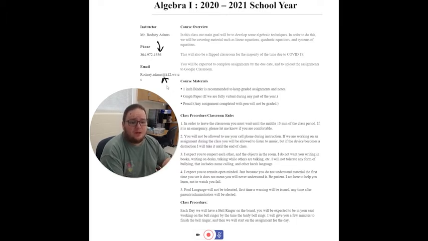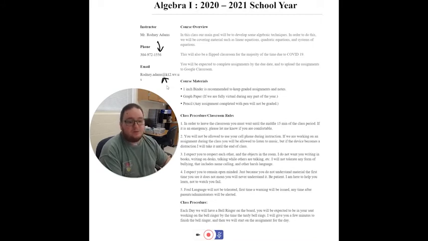But to begin, I'm going to give you a rough idea of what we're going to be covering in the class and how we're going to be covering it. So first off, the main goal will be to develop some sort of algebraic technique. Since this is Algebra I, we will be focusing on linear equations, quadratic equations, and systems of equations.